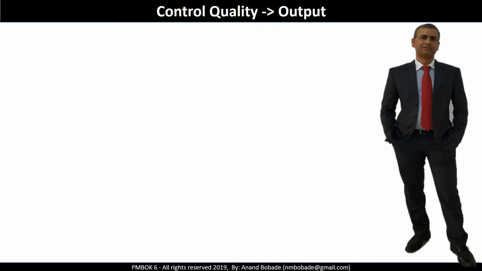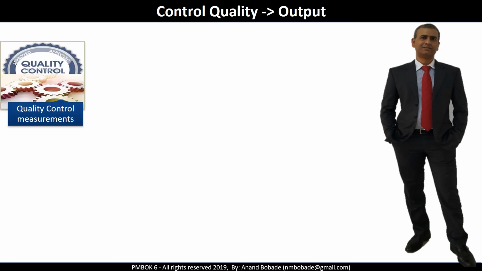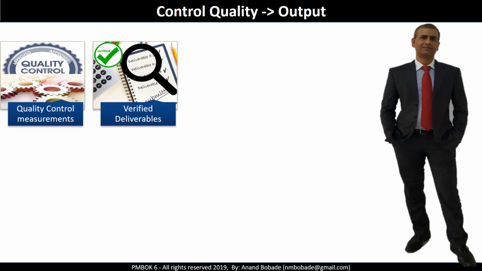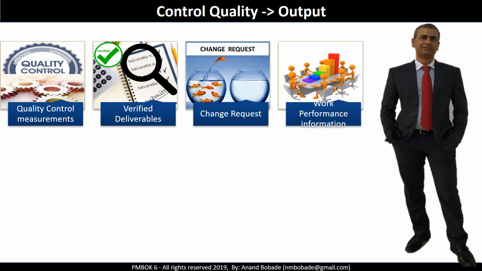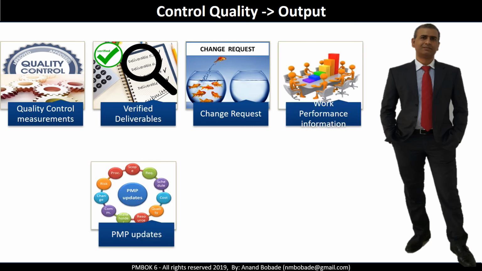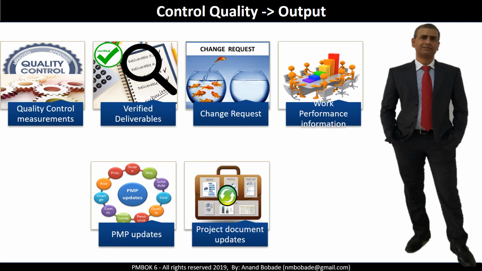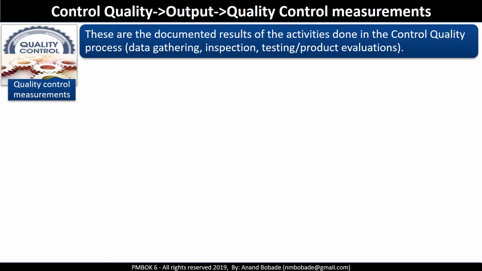The outputs of the control quality process are quality control measurements, verified deliverables, change requests, work performance information, project management plan updates, and finally project document updates. Quality control measurements.